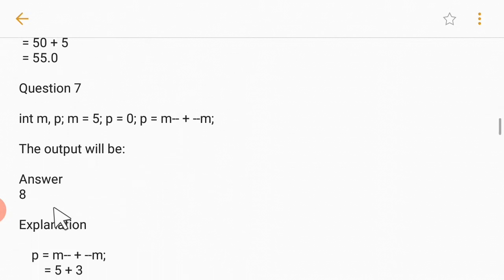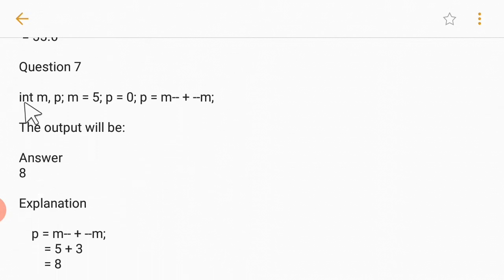After that, students, question number 7, we have int m, p; two variables of int type, m and p, have been declared here. Now m is initialized with 5, p with 0, p = m-- + --m. Here m is 5, and it is post decrement, so right now it will be 5.